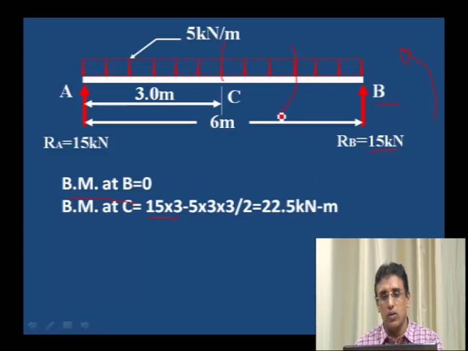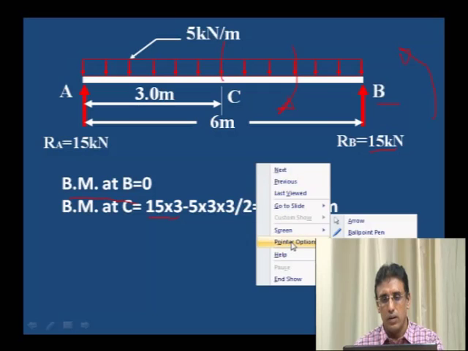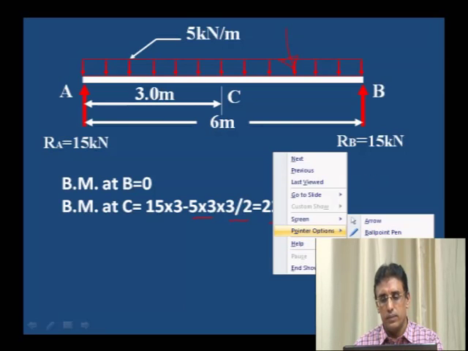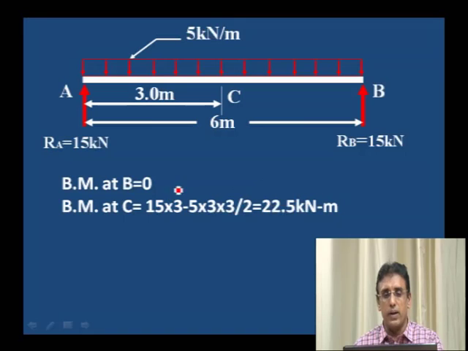And then this load is acting clockwise. 5 into 3 is the load, and this 5 into 3 acts at the center of the 3 meter. That center point is 3 by 2. 5 into 3 into 3 by 2. Then we will get 22.5 kilonewton meter as the bending moment at C. Bending moment at A is equal to 0. At both supports it is 0.